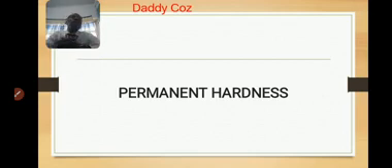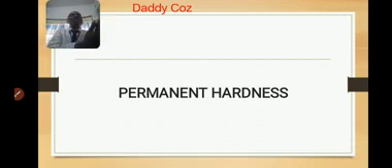What is permanent hardness? Unlike temporary hardness, you cannot easily remove permanent hardness by boiling. So what then causes permanent hardness? Remember that temporary hardness is caused by the hydrogen carbonate salt of calcium and the hydrogen carbonate salt of magnesium, so it is easy for us to heat them and they decompose.